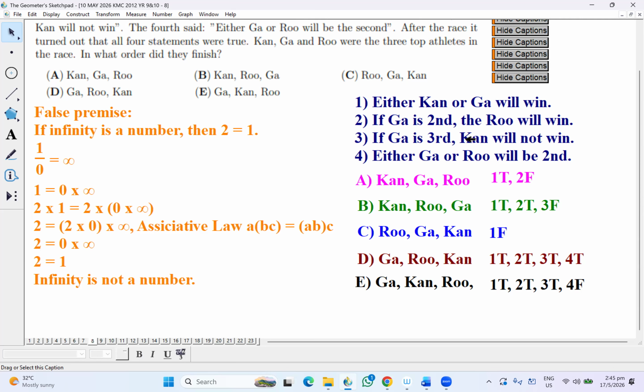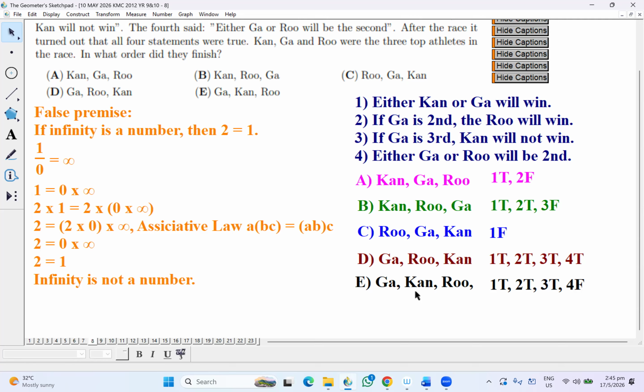If Ga is third, Ga is not third, anything also can. True. Then the fourth one, either Ga or Ru will be second. Not true, Kang is second. So Ga or Ru not second, so false. So that's how to do this type of question.